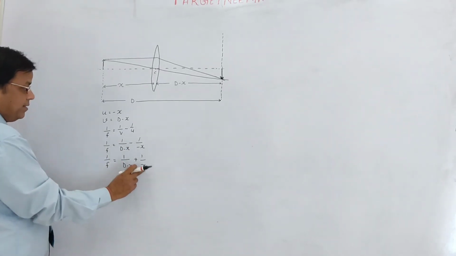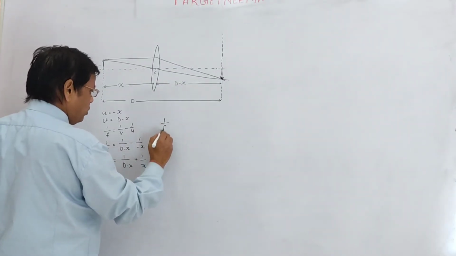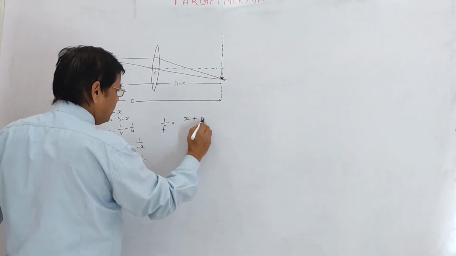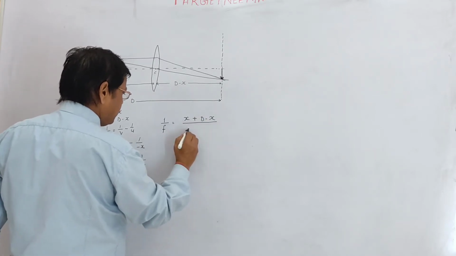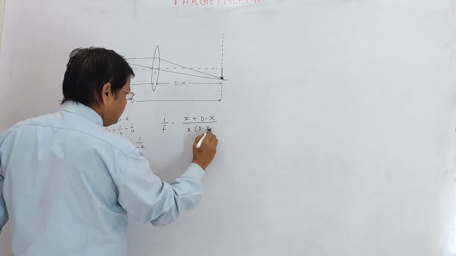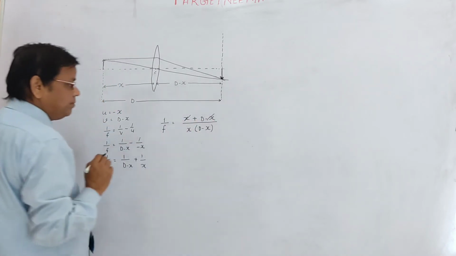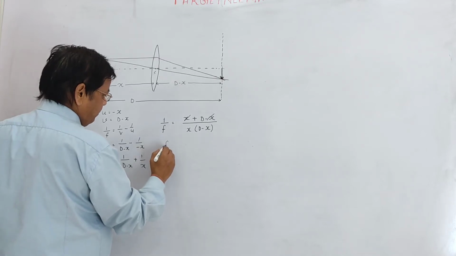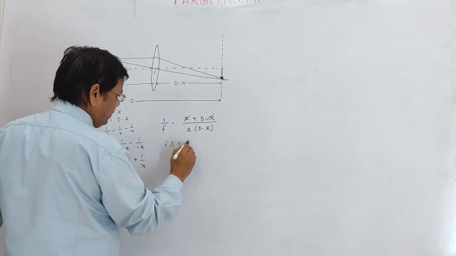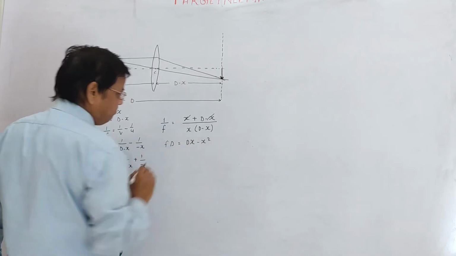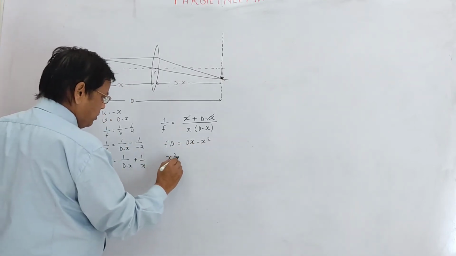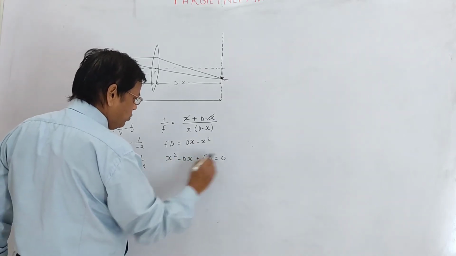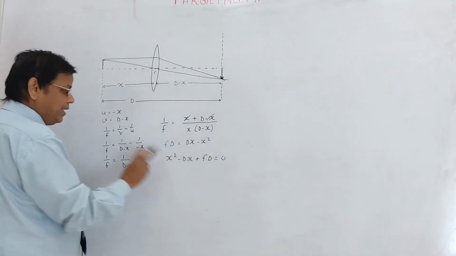Now if you take LCM, it is 1 upon f is equal to x plus d minus x divided by x into d minus x. Now this x cancels. If you cross multiply, it will be f into d is equal to dx minus x square, or x square minus dx plus f into d is equal to 0. So this is a quadratic equation in x.